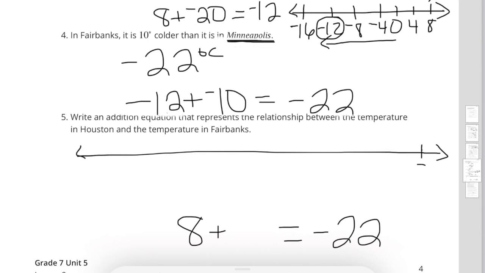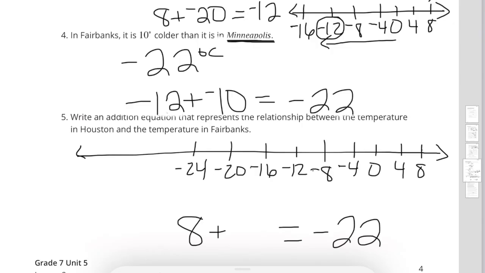Again, I could go by my 4s. There's not a line for negative 22, but I know it would be halfway between here. So if my first arrow went from 0 to positive 8, and my second arrow landed at negative 22, what was my amount of change?